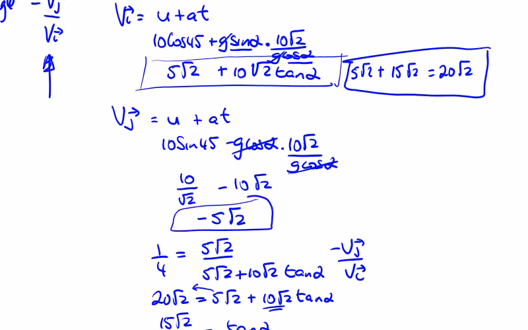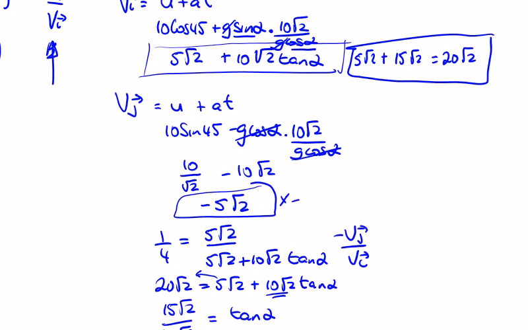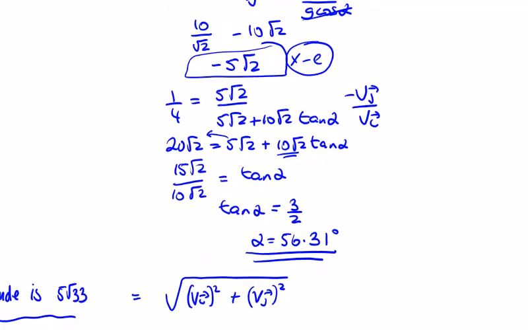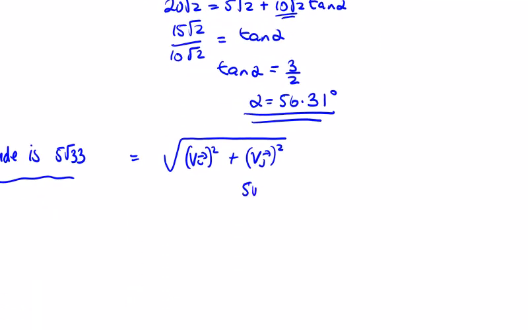So if we square these two things, we're going to have to multiply this by minus e, so we're going to have a positive 5 root 2e. The e's outside the square root, 5 root 2e plus 20 root 2, all to be squared, is going to give me an answer of 5 root 33.